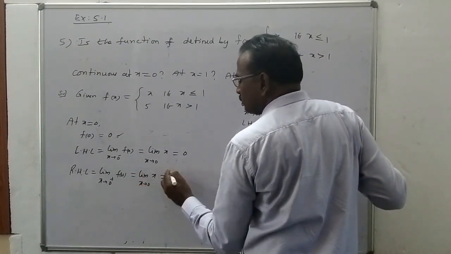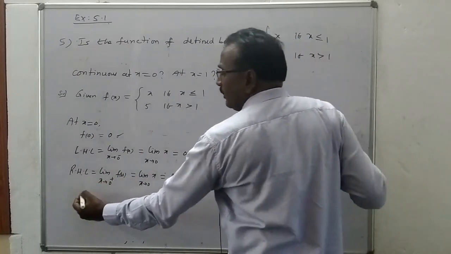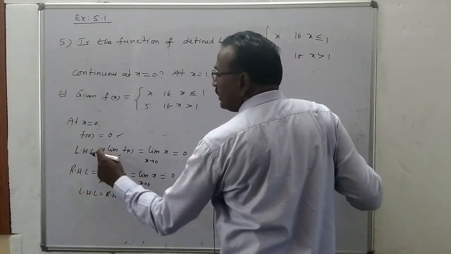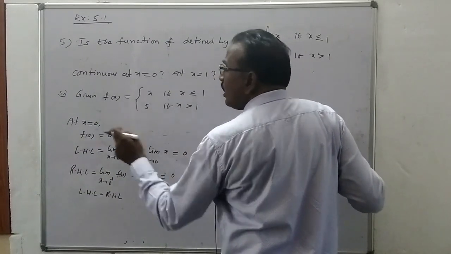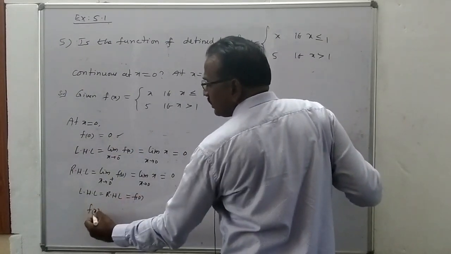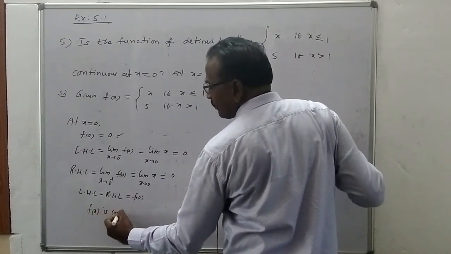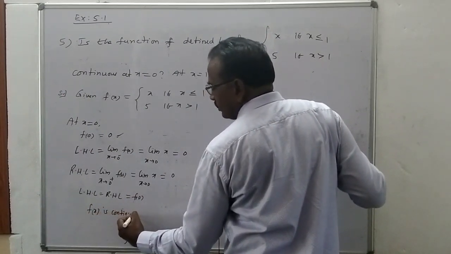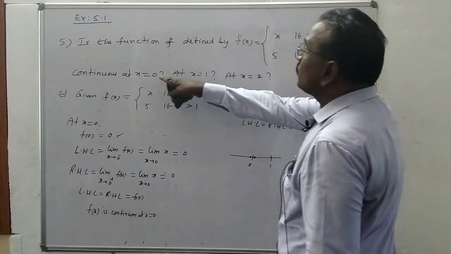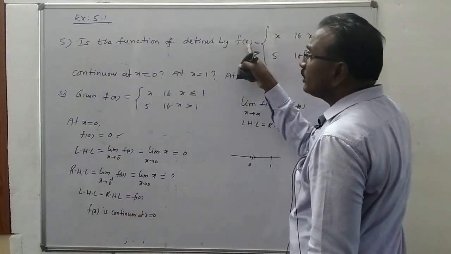Again by direct substitution, the value is 0. So clearly the LHL value and RHL value are the same, and the f(0) value is also the same. Therefore the given function is continuous at x = 0. So this is the first one: at x = 0, the given function f(x) is continuous.